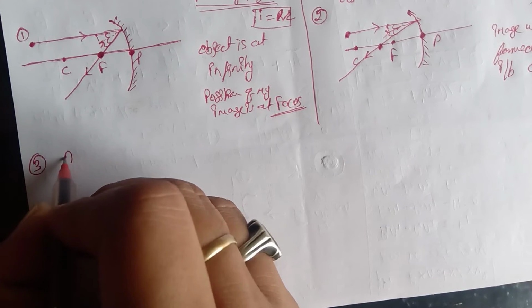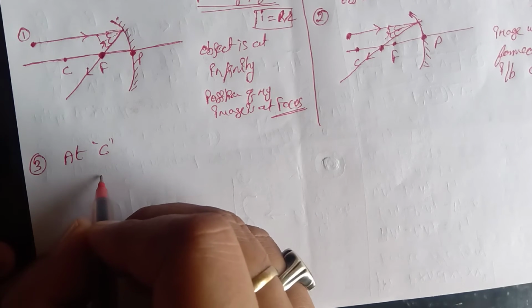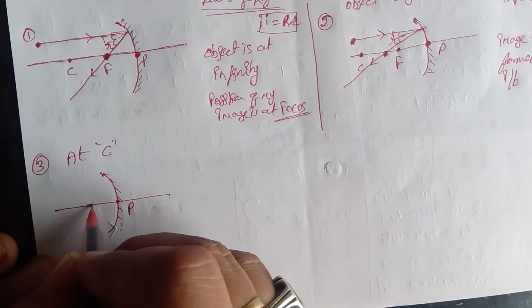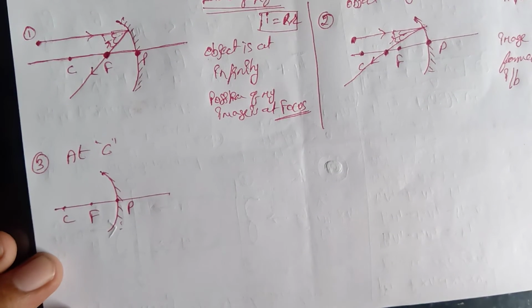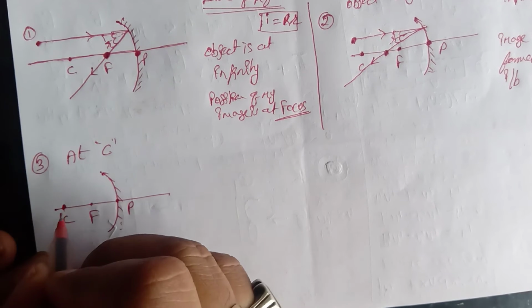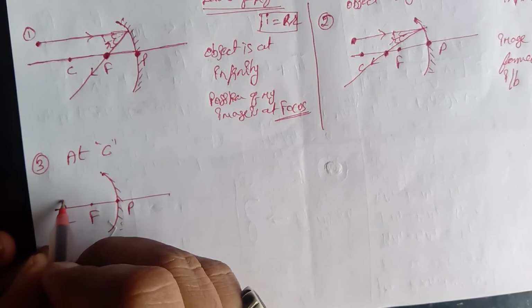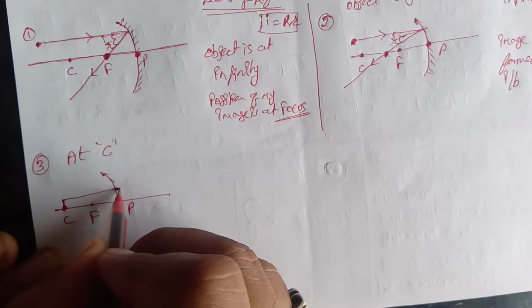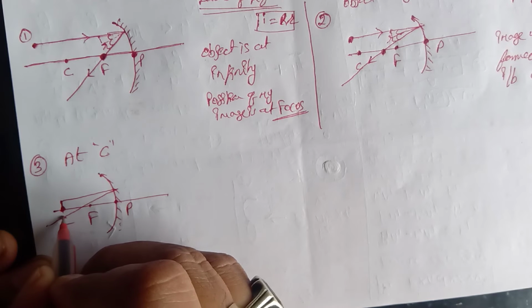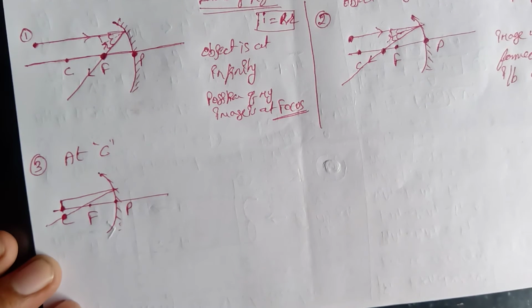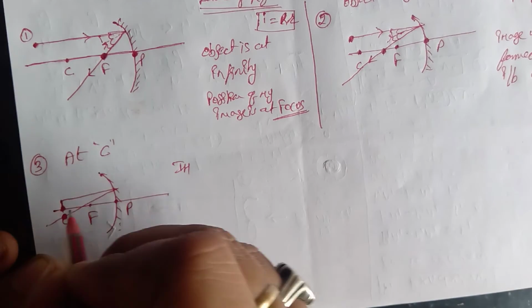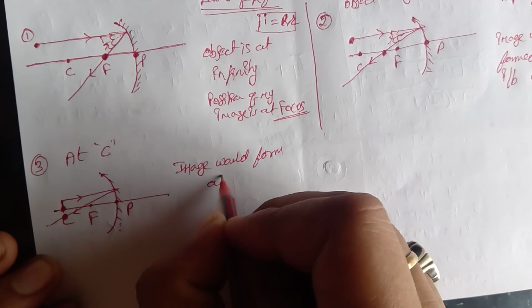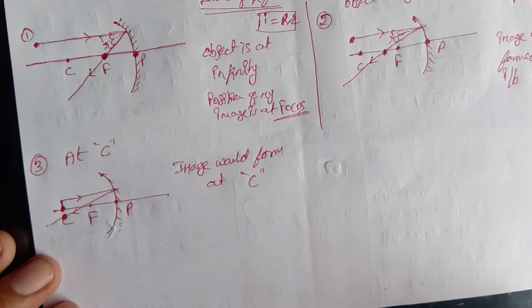When my object is at C. So this is my concave mirror, principal axis, pole P, F, C. When my object is at C, then my image would also form at C. Don't worry, we will write a table for this again.